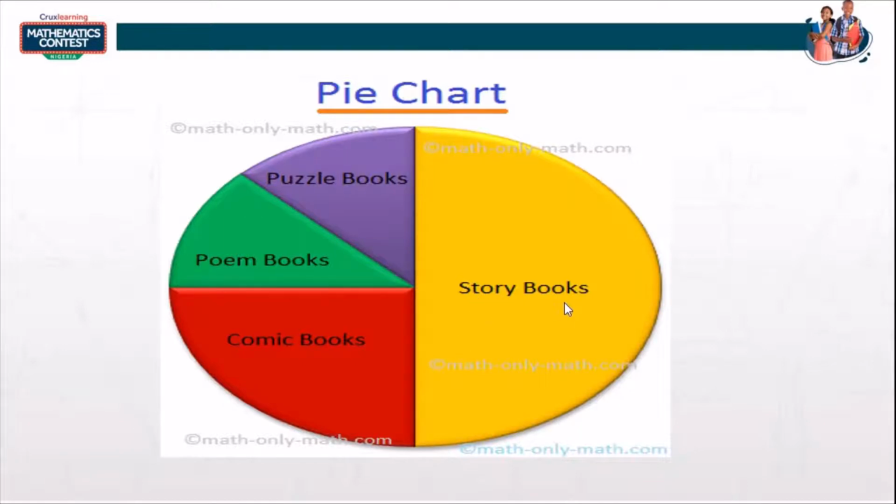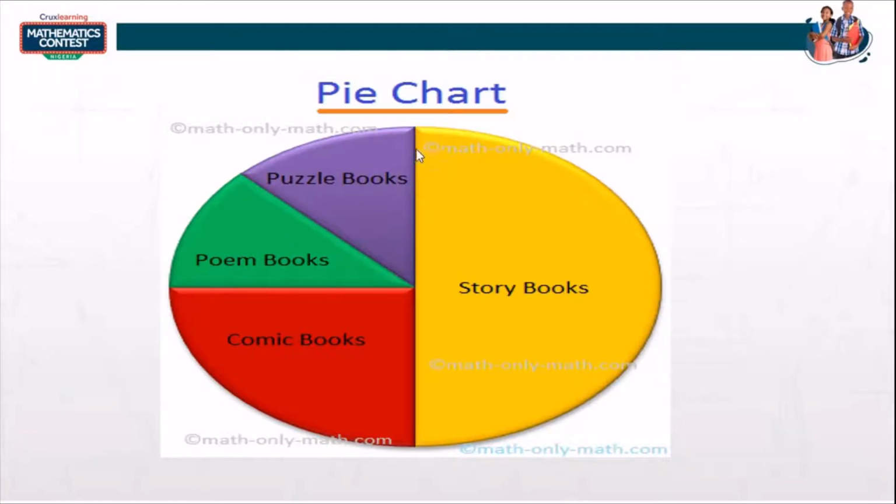Okay, so for storybooks, you can see the portion. That means it has the highest portion here. So meaning that we have more of storybooks in this distribution. Okay, we have more of storybooks collected in the data. Meaning that whoever collected this data collected more of story books, followed by comic books, and then next is puzzle, then the last is a poem.